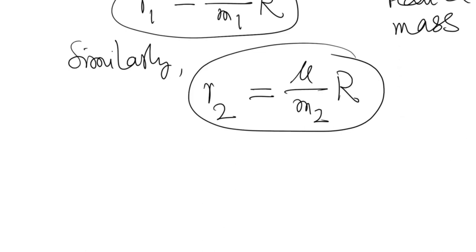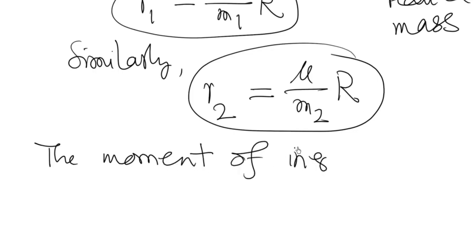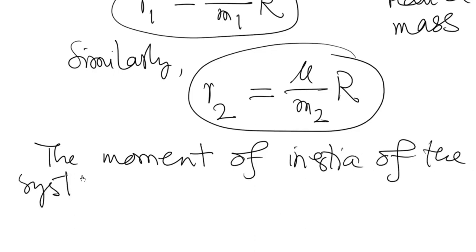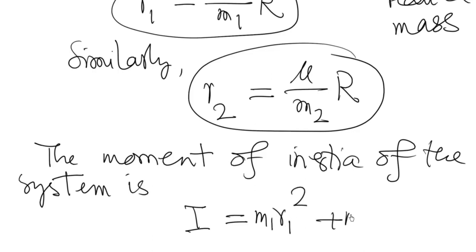The moment of inertia of this system is M1 R1 square plus M2 R2 square.